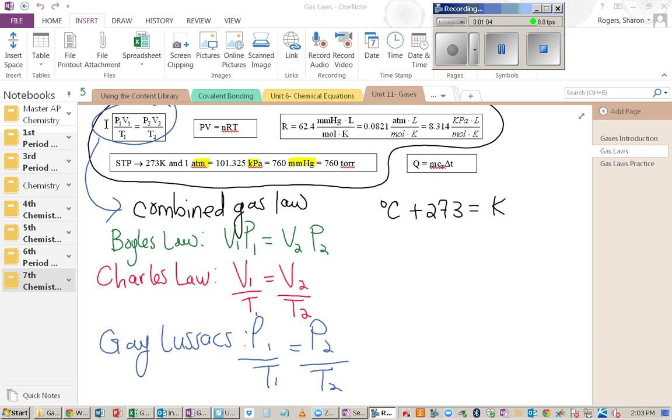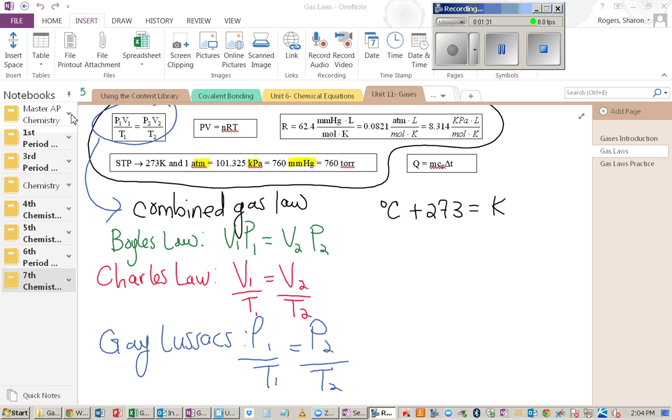Combined gas law. What's important about that formula? It is different than the other ones. Why did I spend so much time talking about that formula on Tuesday? You can use it to make different formulas.